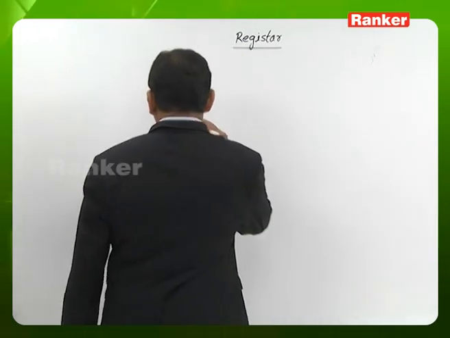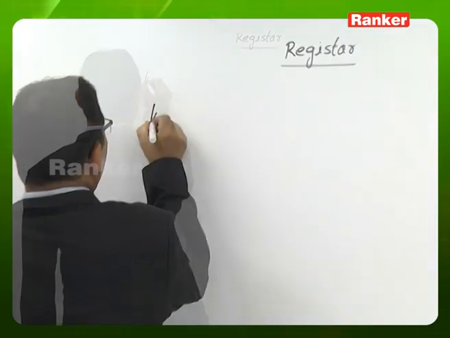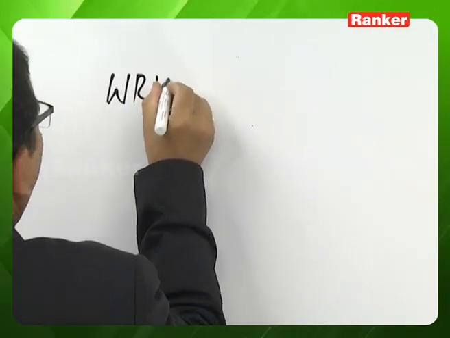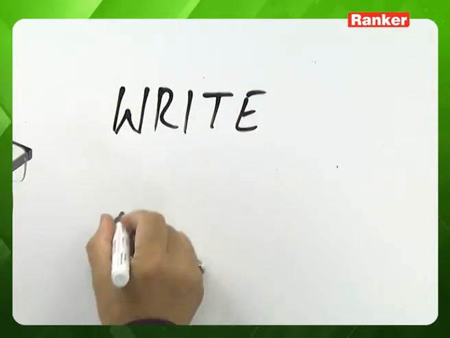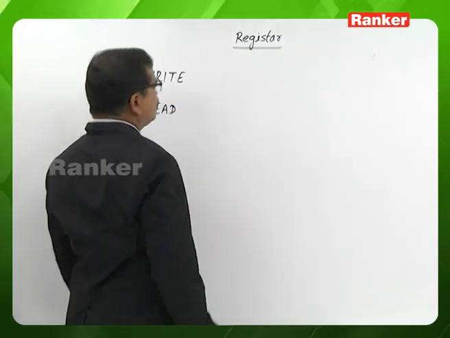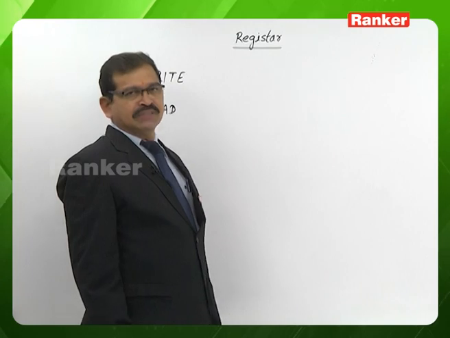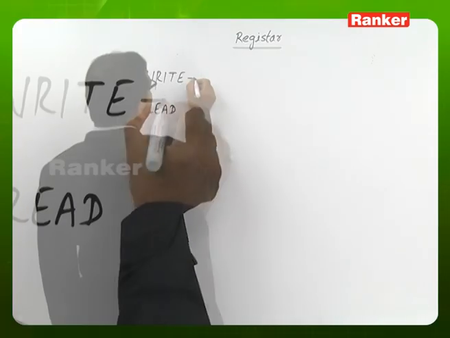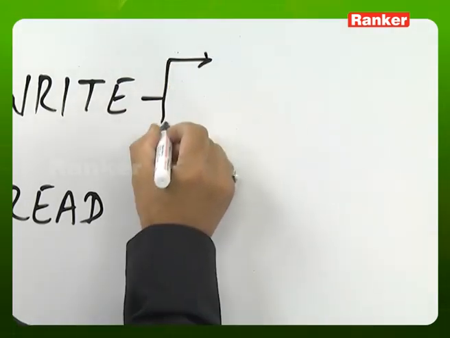For any storage device, we need to have the facility to write the data into the device, and we need to have the facility to read the data from the device. Writing the data into the device is possible maybe only one bit at a time.